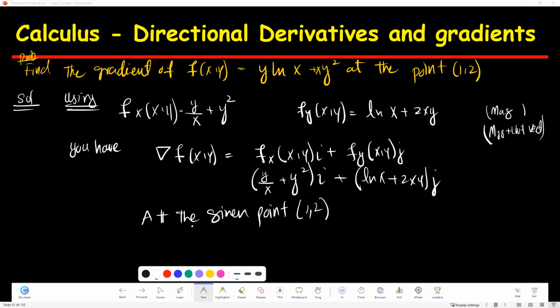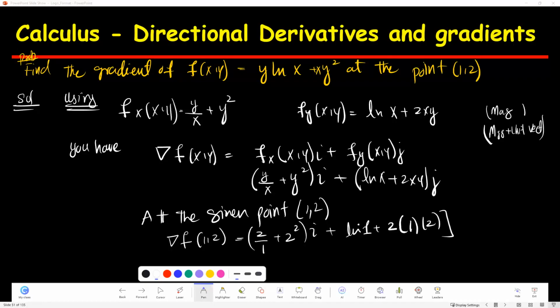At 1, 2, I'm going to be substituting, so it's going to be f(1,2) equals 2 over 1 plus 2 squared i plus ln 1 and 2. Everything is given here really, and that's the part j.